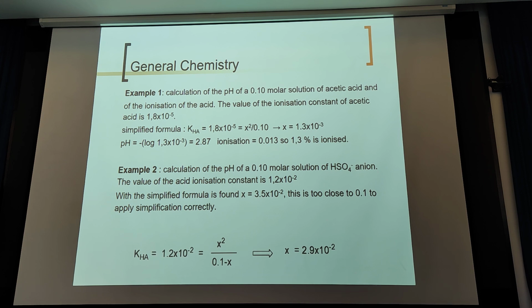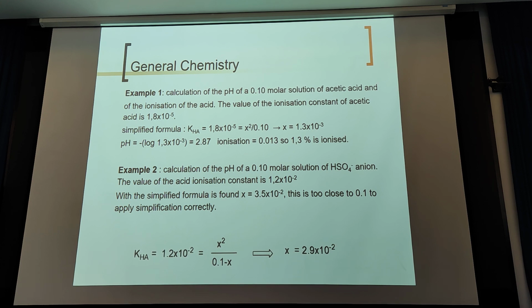So it's way below 7, so we can consider this an acidic pH. That's to be expected when you have a solution of acetic acid. Now, the ionization can also be calculated. It's actually 0.013 degree. So 1.3% in fact of the compound is ionized.